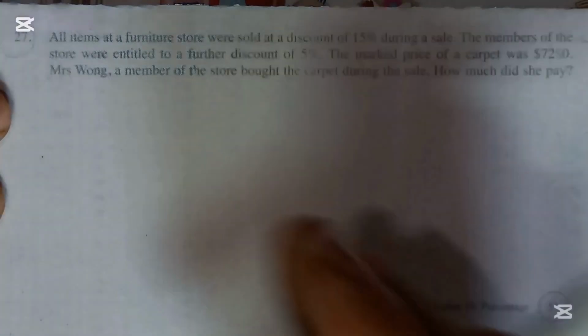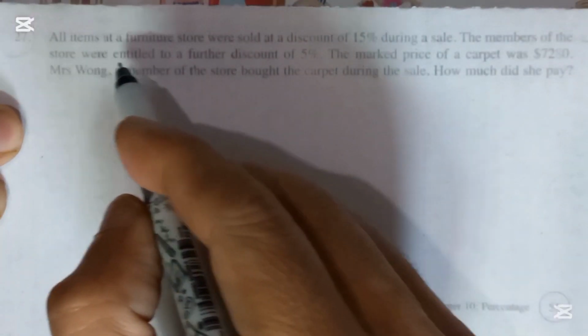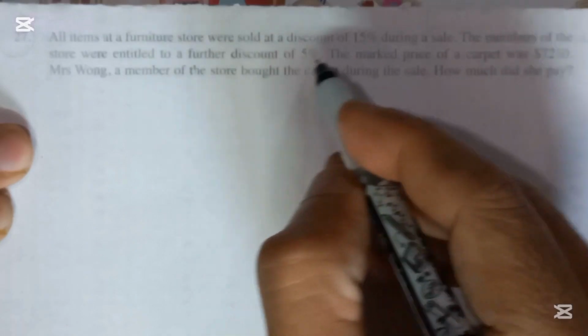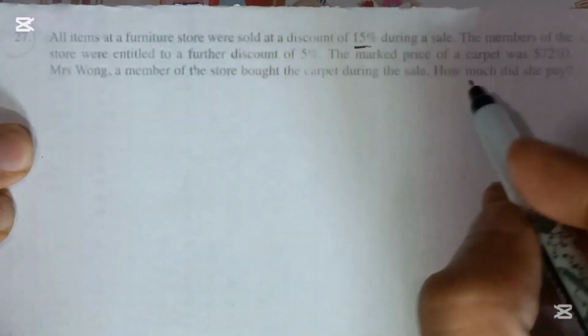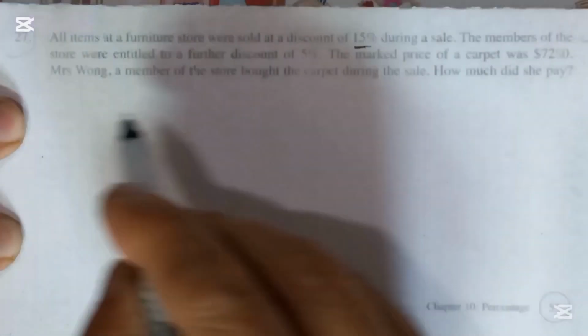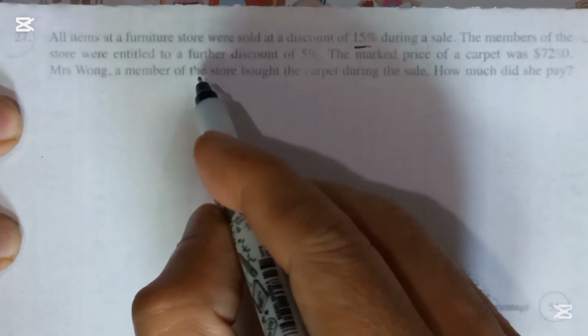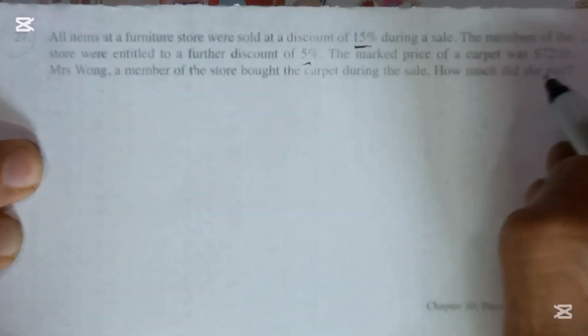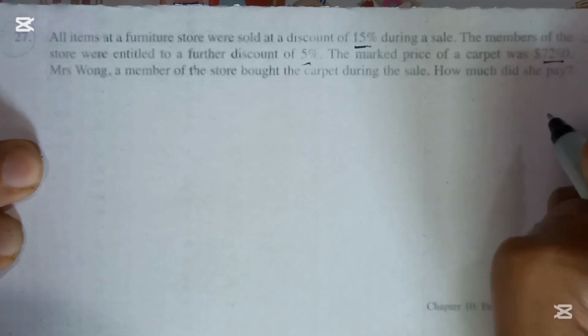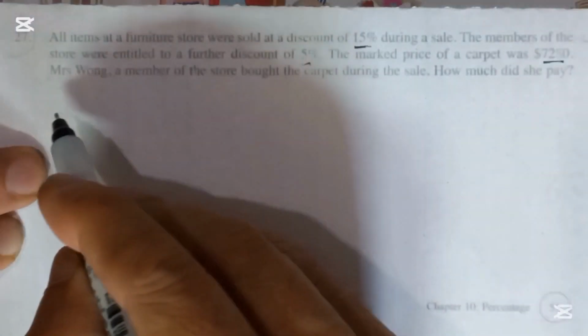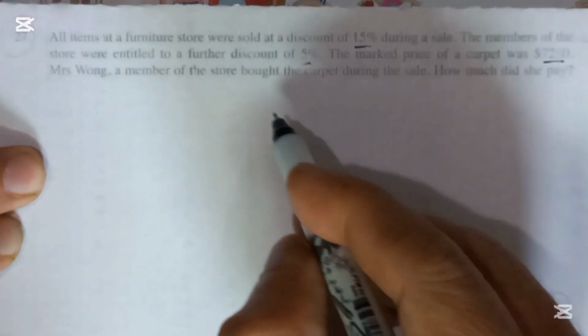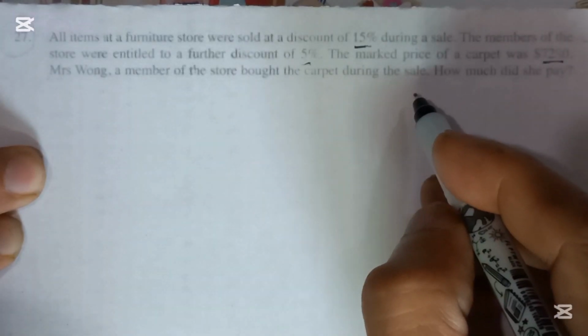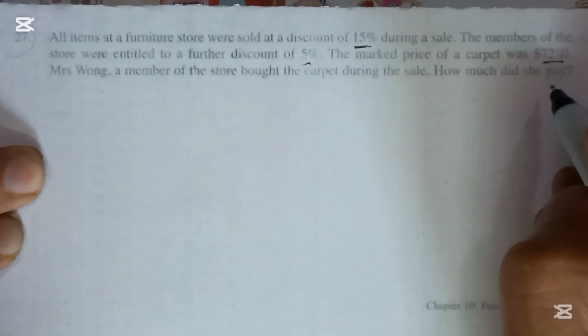The statement of the question is, all items at a furniture store were sold at a discount of 15% during a sale. The members of the store were entitled to a further discount of 5%. The mark price of the carpet is $7,280. Mrs. Wong, a member of the store, bought the carpet during the sale. How much did she pay?